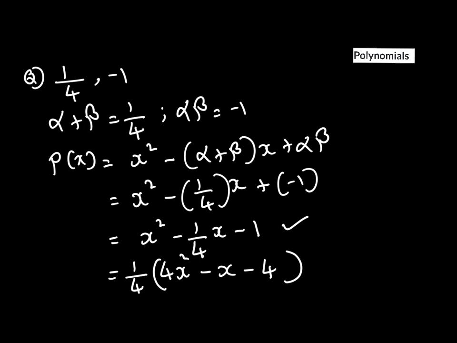So in general, 4x squared minus x minus 4 will have the same zeros and will have the sum and the product of the zeros as 1 over 4 and negative 1 respectively.